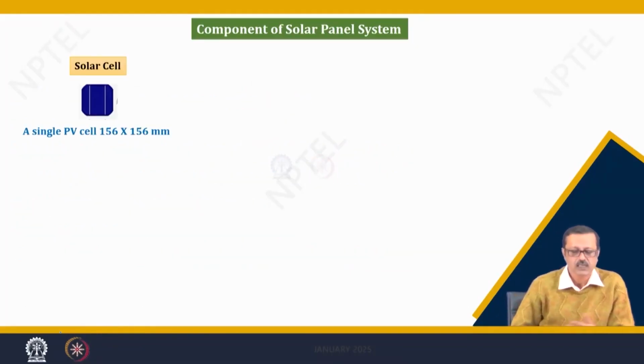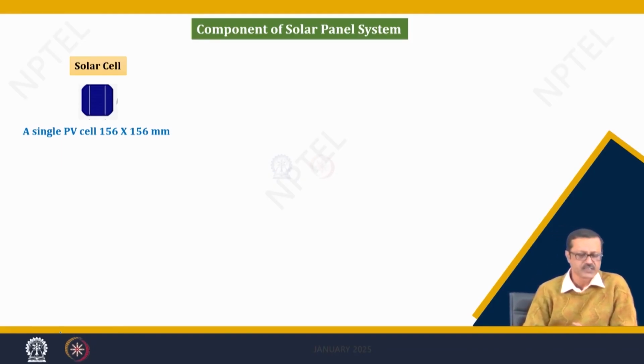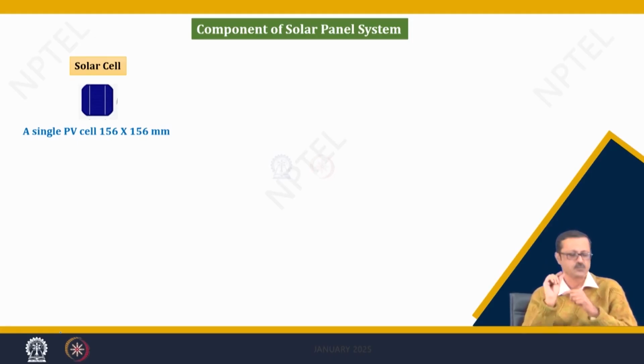Now we will go to the solar panel systems, which are very common to us nowadays. What are the panel and the assembly we can see? First of all, there is a solar cell, which is a very small PV cell, like an electronics chip. It is 156 by 156 millimeters, very small in dimension.